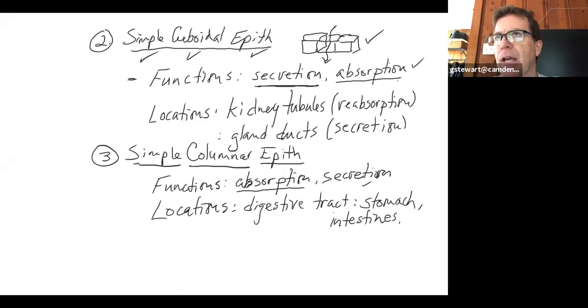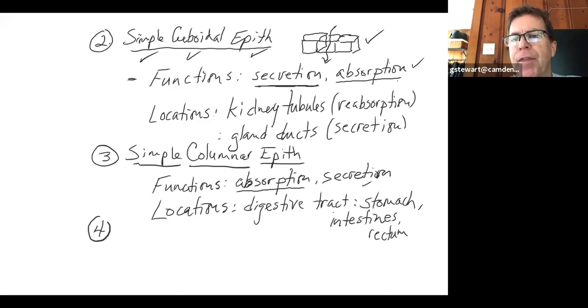The last section of the large intestine is called the rectum. All of these have secretory and absorptive capability. And number 4, I'm running a little bit out of space here, but it's our last epithelial. This is a special exception to the classification rule, and it's got a long name.